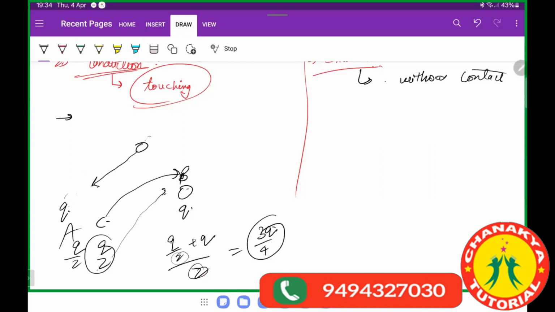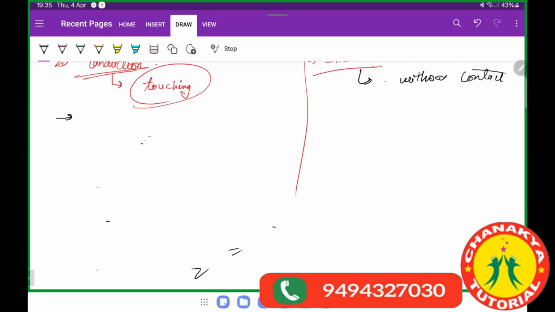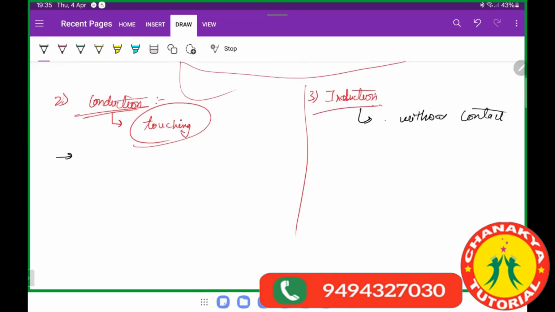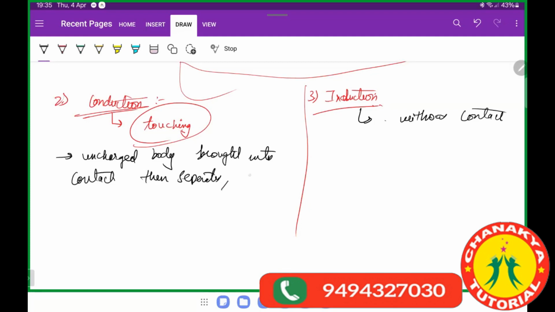So what is my point here? Let's write one point so that we can remember. When an uncharged body is brought into contact with a charged body and then separated, the two bodies will have two equal charges.